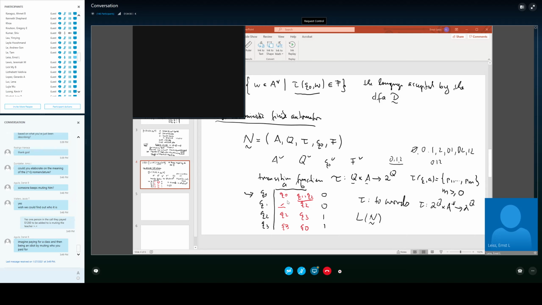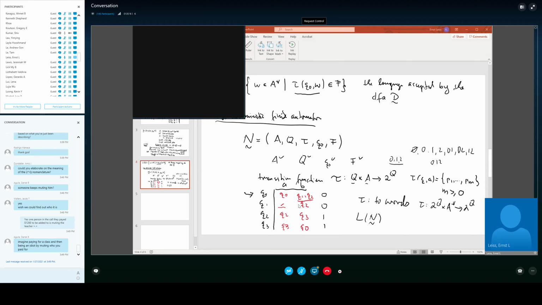If we call that nevertheless a non-deterministic finite automaton, it should be fairly clear that that really is a deterministic finite automaton, which immediately shows that whatever you can do with a deterministic finite automaton, you can also do with a non-deterministic finite automaton.